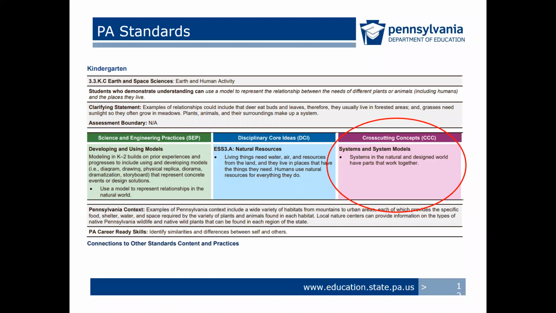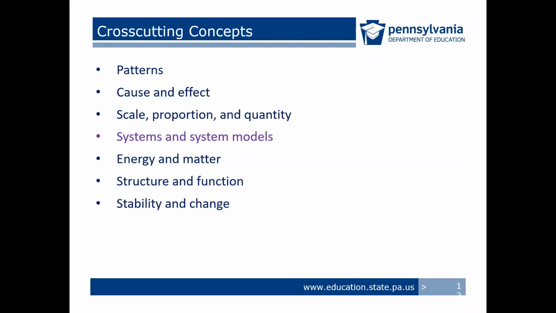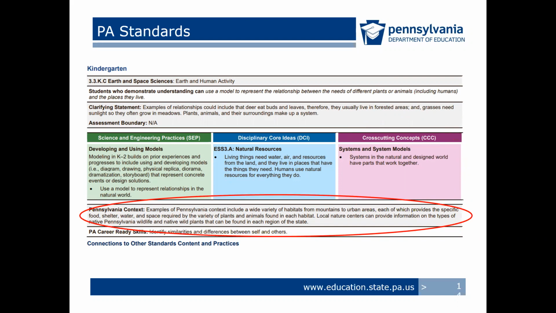This one, as we stated before, are systems and system models. And this is part of 7 different cross-cutting concepts. If we look at this standard a little bit more closely, cause and effect would be also one of the cross-cutting concepts. So it's not just limited to system and system models, but we need to be explicit within the cross-cutting concepts.